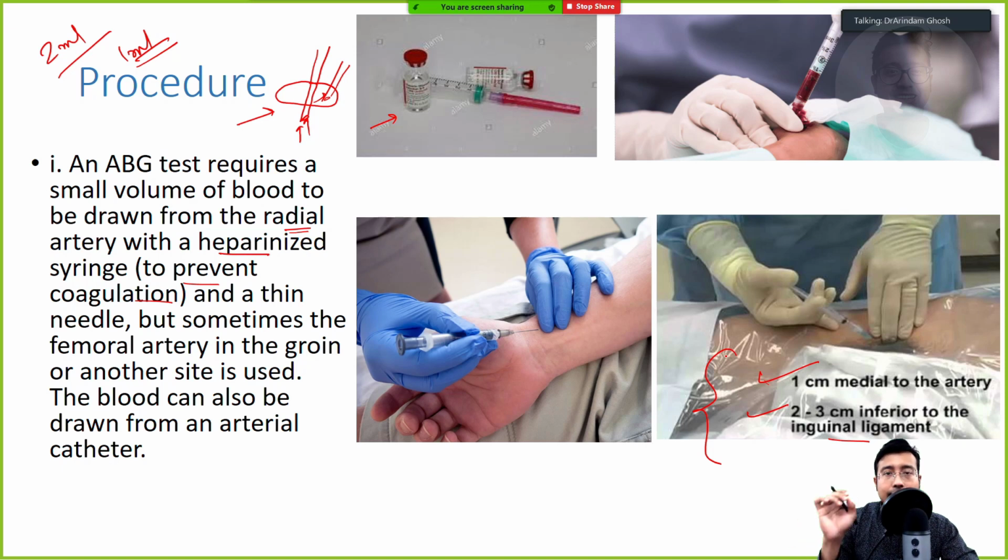In that case, the femoral triangle becomes the location of choice to draw blood for both venous and arterial samples. So whenever we intend to draw venous blood, we tend to draw more medially, and whenever we intend to draw arterial blood, we tend to draw more laterally. That is one anatomical clue.